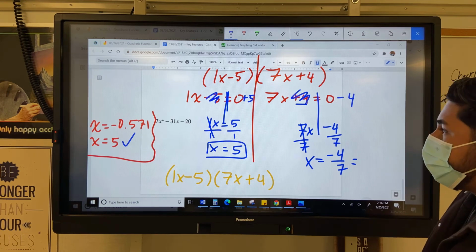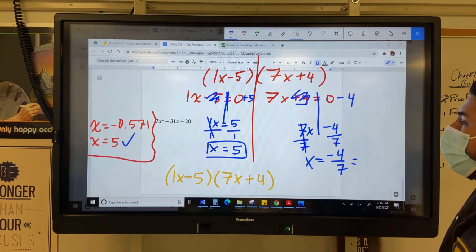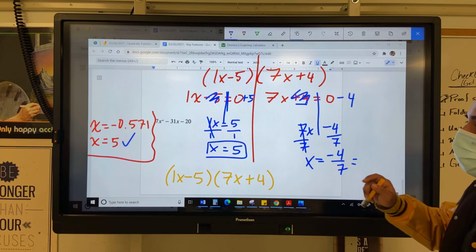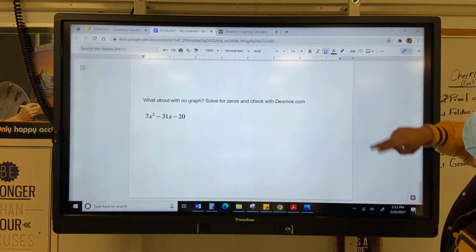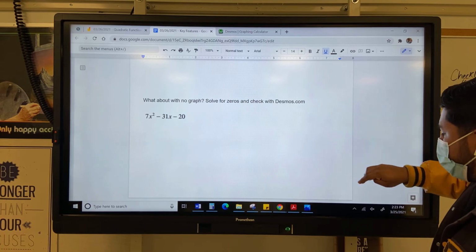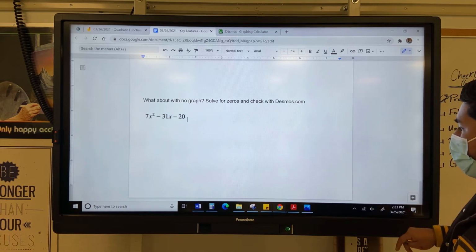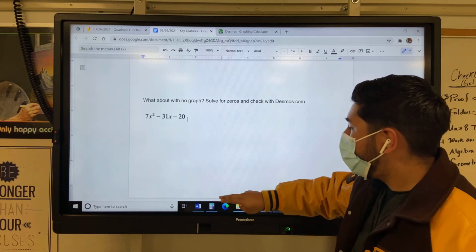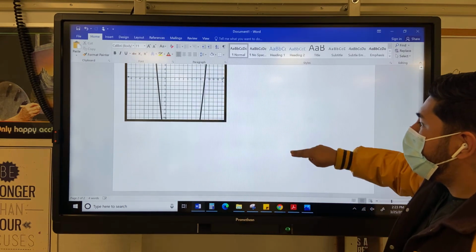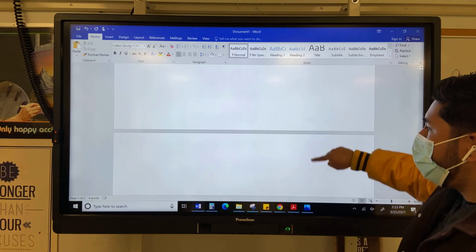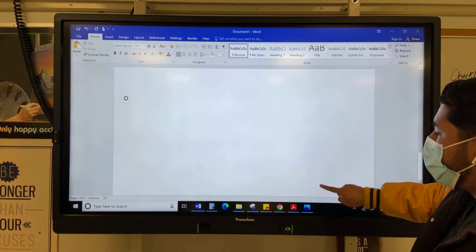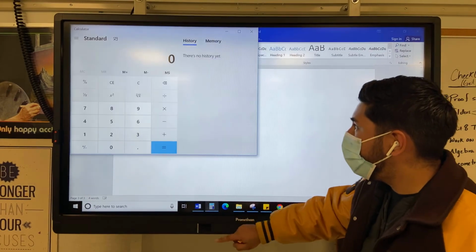Negative 4 divided by 7. I'm hoping it gives you that. Let's double check. We're hoping it gives us negative. I'm going to copy this in. Calculator.